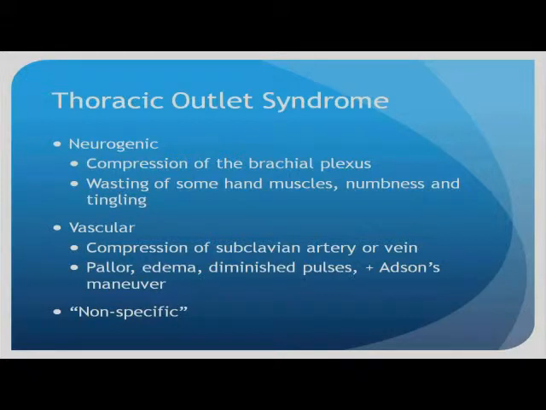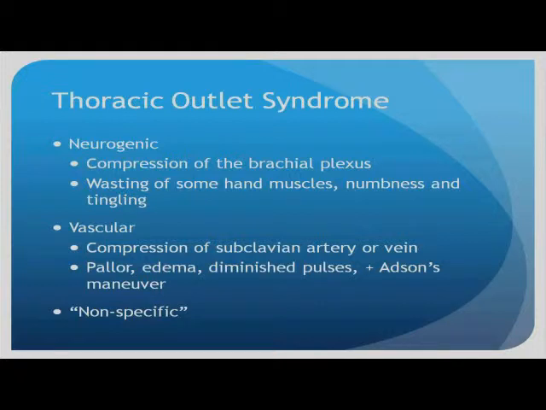Over the years I have had many patients who have come after a big medical workup and told that they were probably imagining it because there was no neurogenic or vascular compromise that you could actually see. So therefore it must actually not exist.